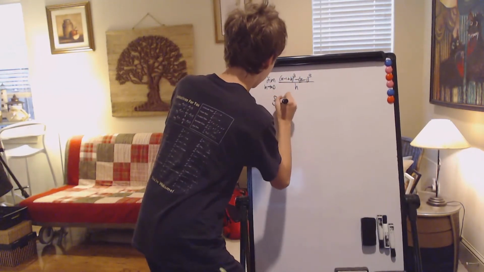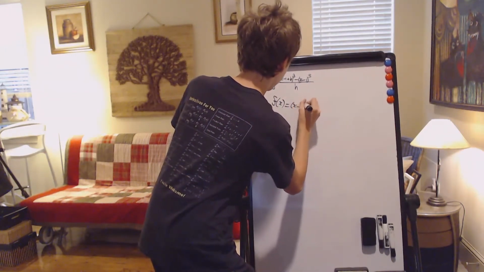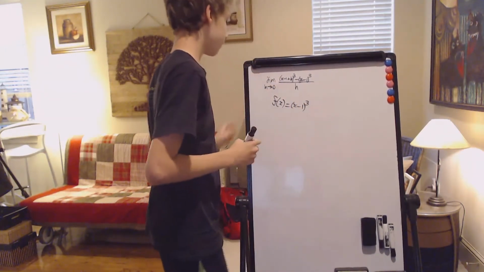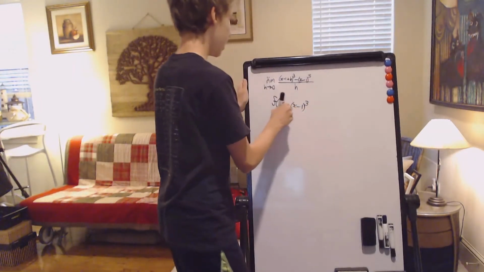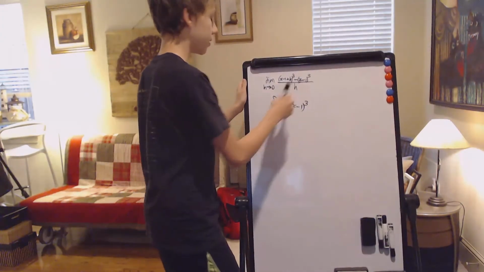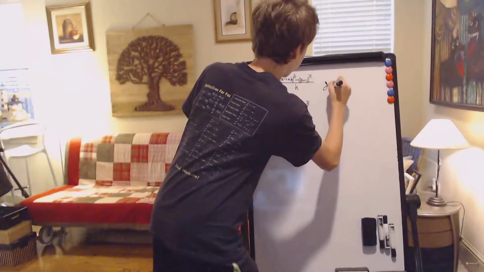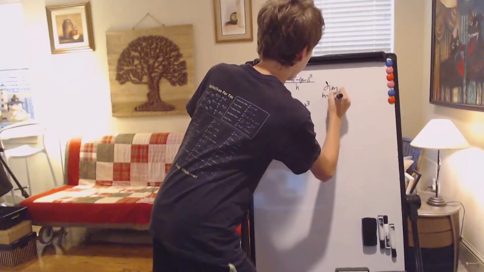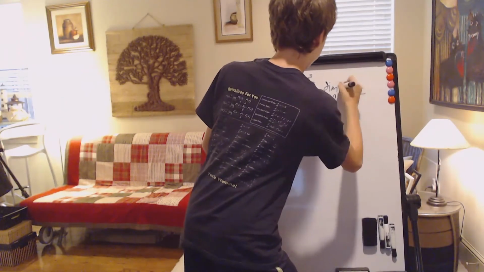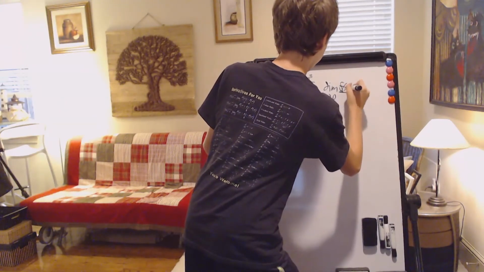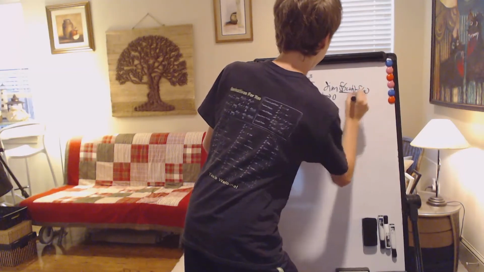Let's test out the function f of x equals (x minus 1) all cubed. The definition of a derivative, if you don't remember, for some function f is f of x plus h minus f of x over h.